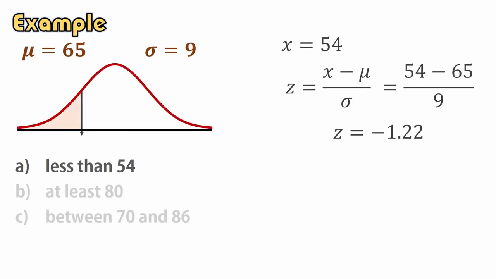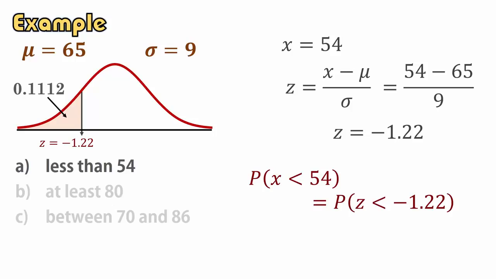So on this normal curve, for z equals negative 1.22, the area on the left here is 0.1112 as seen on the table. Therefore, the probability that x is less than 54 is the probability that z is less than negative 1.22, which gives 0.1112 or 11.12%.